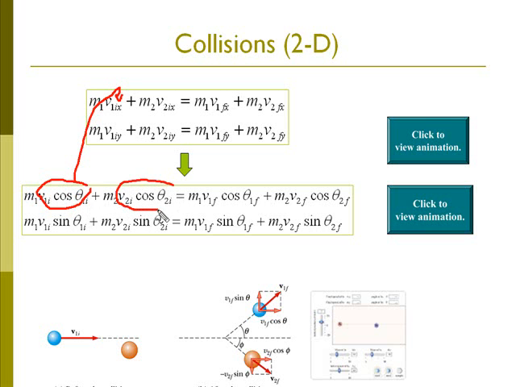Here, v2 initial times cosine of theta 2 initial is the x component of the second object's initial momentum, and so forth and so forth.